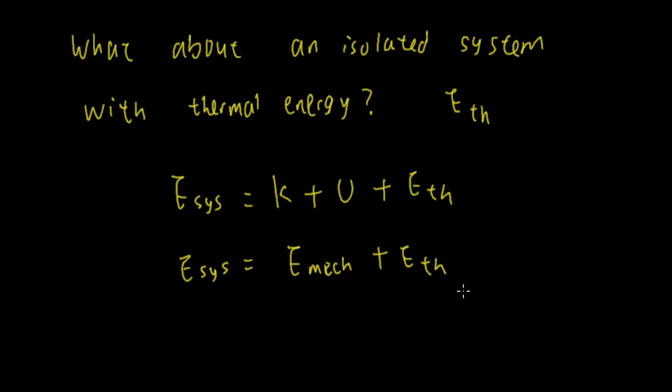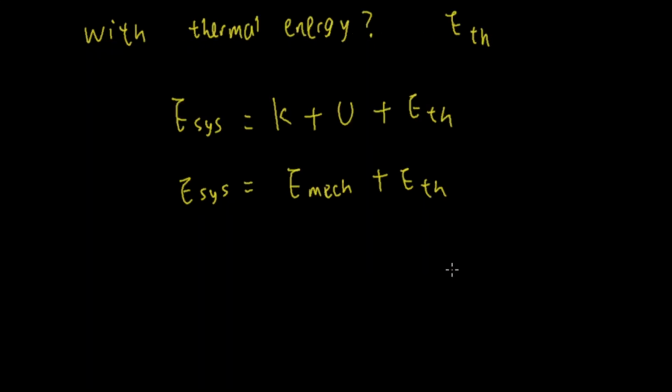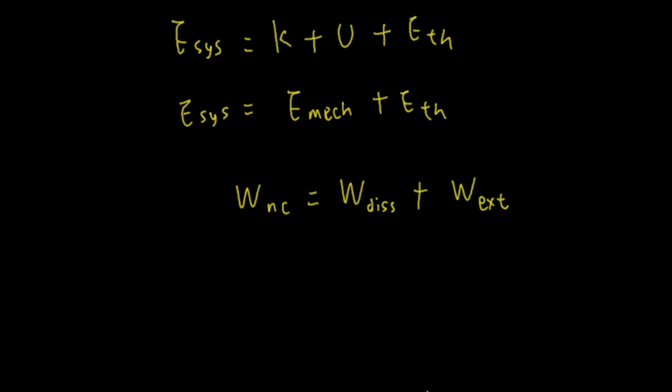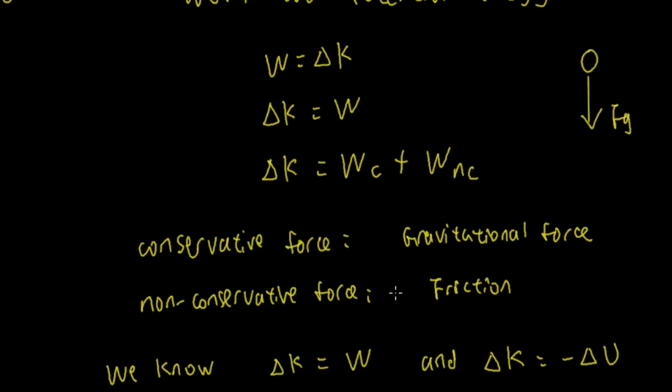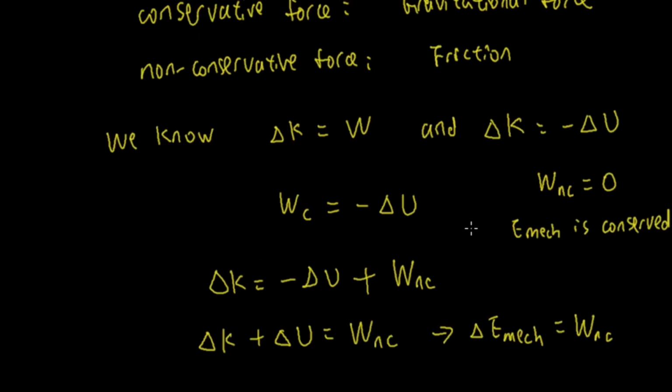Okay, so now in this case, we have to break down work done by non-conservative force into two more works, which is work done by dissipative force plus work done by external force. Okay, so now, let's look at what we talked about here earlier. Here, change in kinetic energy plus change in potential energy is equal to work done by non-conservative force, right?